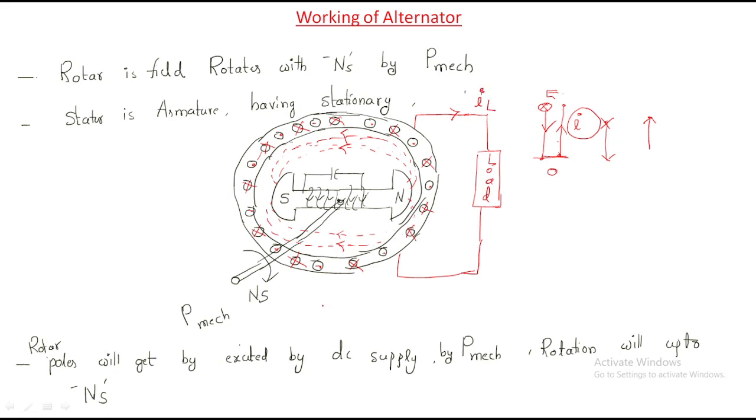Understand? So we will write some points. First, the rotor will get excited by DC supply and rotate at synchronous speed. By the rotor rotation, the flux also rotates with synchronous speed.